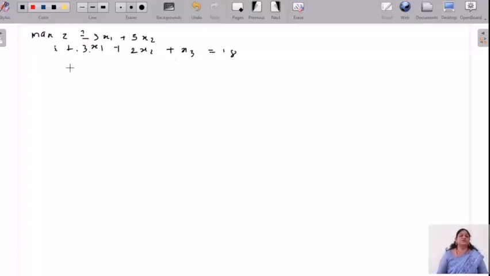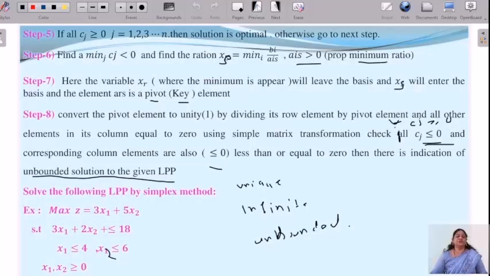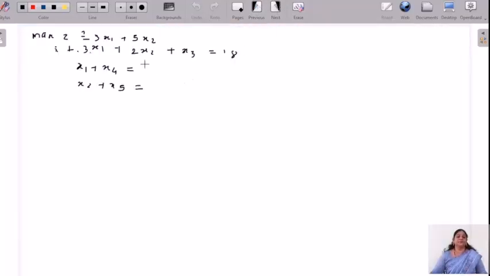This is the first constraint. x1 plus x4 equal to 4, x2 plus x5, slack variables, equal to the right hand side constants 4 and 6.